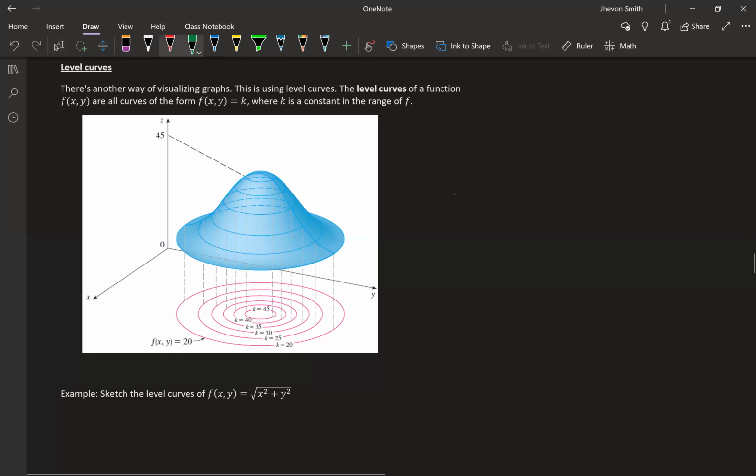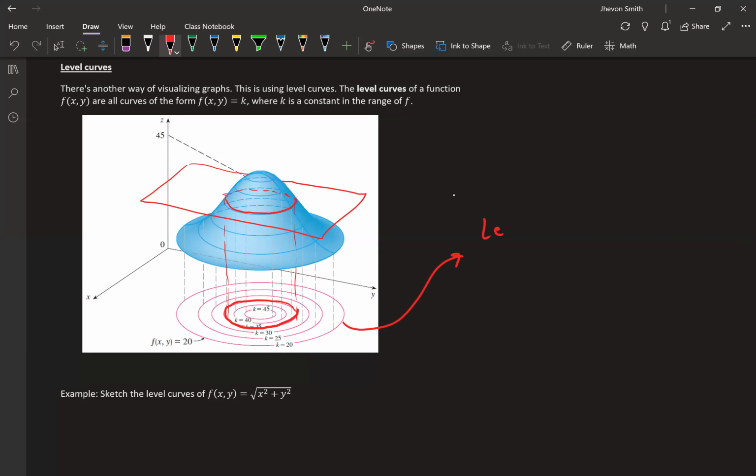What you can imagine we do is we take a plane that's parallel to the xy-plane, slicing through this thing. And then whatever the curve looks like, we project it down into 2-space. And then we draw an outline of what we can see here. Okay. Now the projection, this picture down here, these are called the level curves.